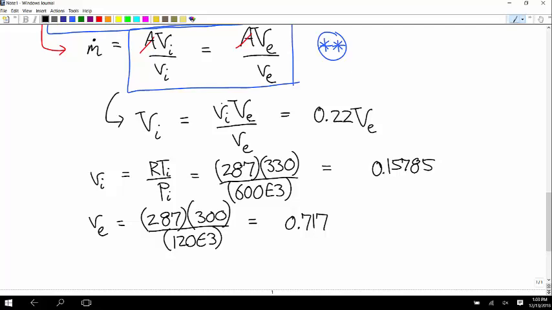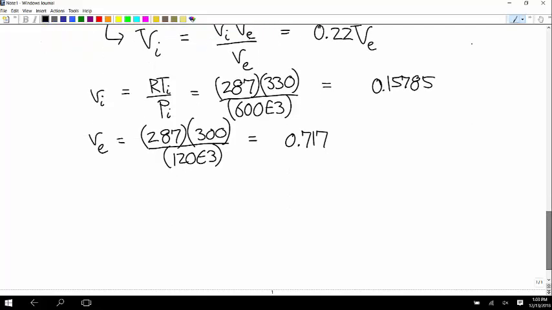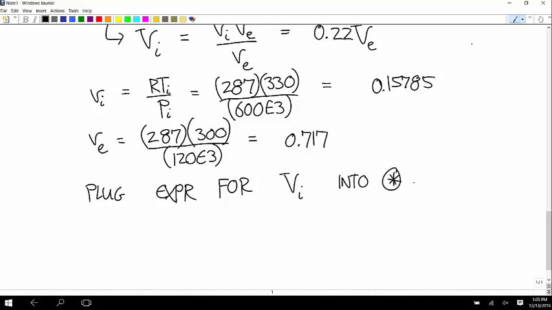Okay, and now we're going to plug the expression for the speed at the inlet into equation star.